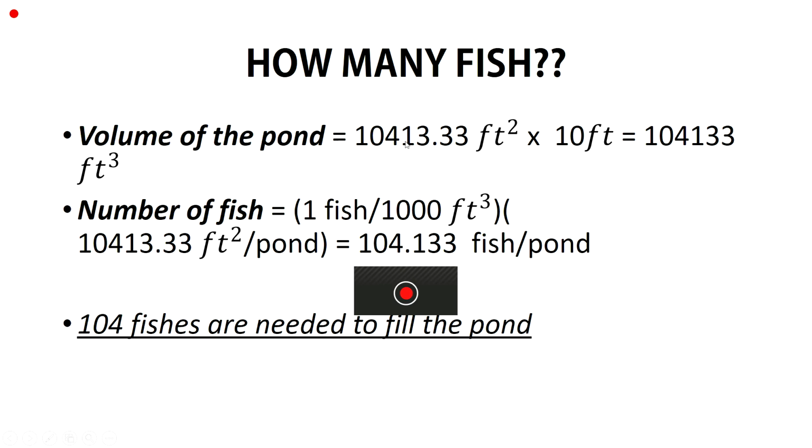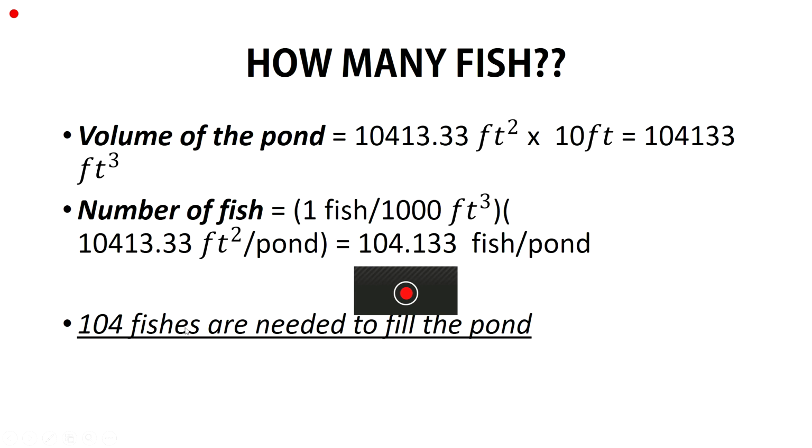That's all for the calculations. Using Simpson's result of 10,413.33 feet square, we just need to multiply it by the depth to obtain the volume. The depth is 10 feet, so we get 104,133 cubic feet. Then we divide, with one fish for every 1,000 cubic feet, and we get 104.33.